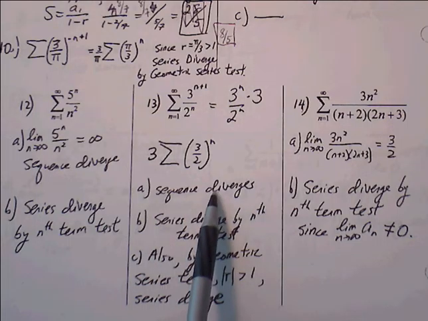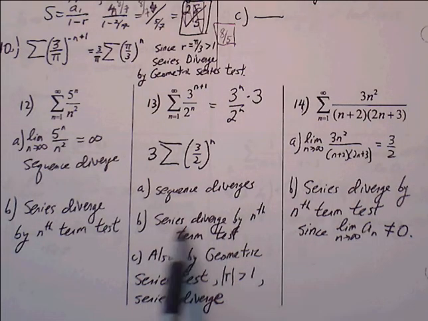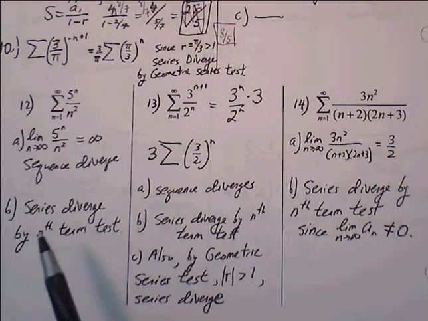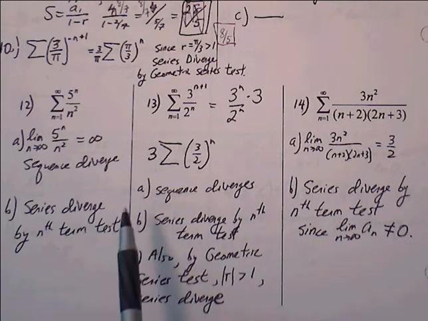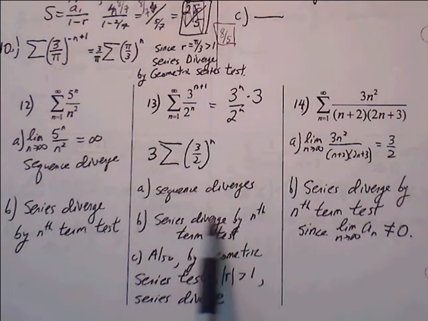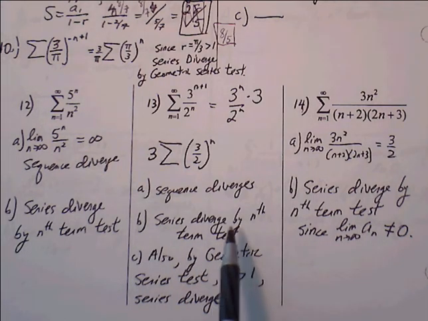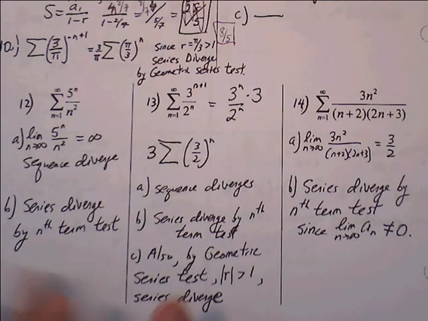So first off, we know the sequence diverges, and the series must also diverge by the geometric series test, since the ratio is greater than 1. Okay, so not quite the nth term test. This is the geometric series test.